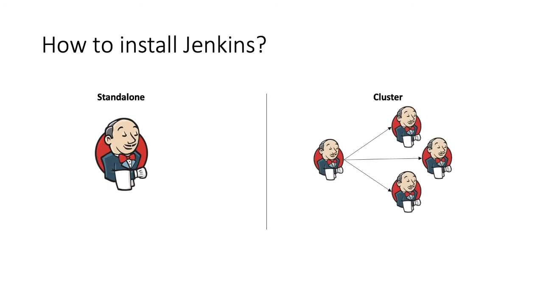The first option might be viable for small teams with small projects, although for larger projects, a cluster deployment is highly advised. A Jenkins cluster is composed of several controllers that delegate tasks to the agents responsible for executing them and reporting the outcome back to the controllers.